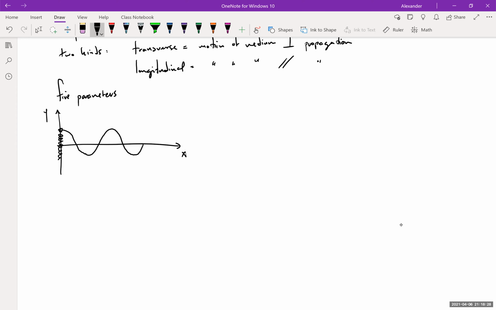From this picture, we can measure the amplitude, and the distance between successive maxima, minima, corresponding points on the wave.